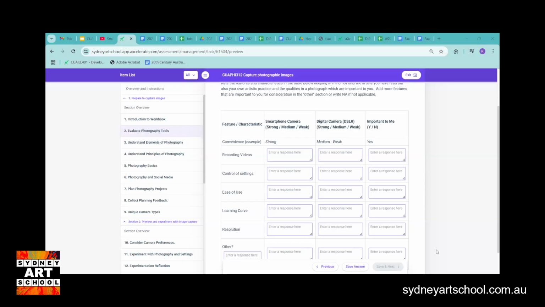Yeah, in terms of convenience, definitely smartphones win hands down. And if you have a good quality smartphone these days, and you are using it just for yourself, just to capture reference images for your own works, your own paintings or whatever, then smartphones will probably do just fine.